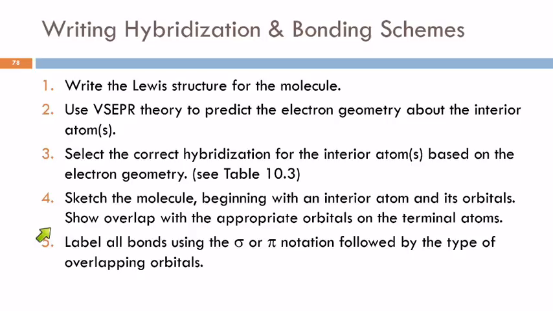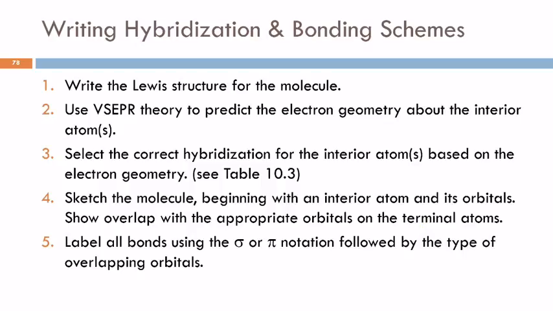And then sketch the molecule, okay? You're not going to be required to sketch the molecule on the worksheet. But at least when you're getting started on a piece of scratch paper, try to sketch it out so that you can see what's going on, what kind of overlap you're getting. After you've done it a couple of times, then you can see it in your head. So sketch it and show the overlap using the appropriate orbitals on the terminal atoms.